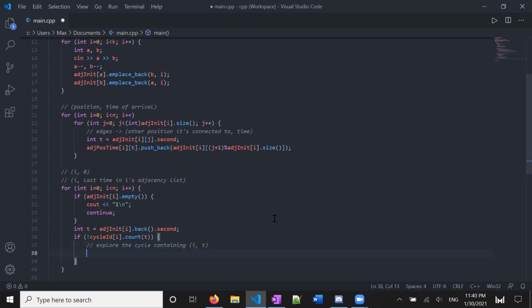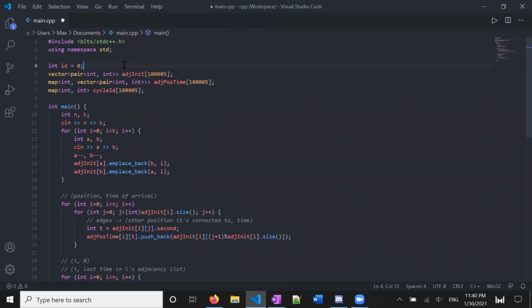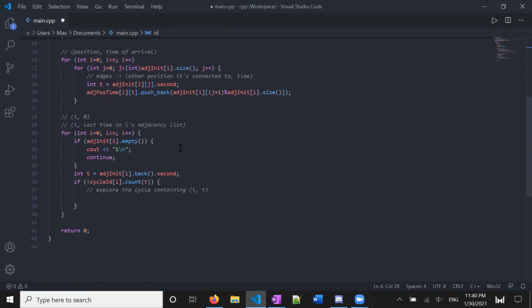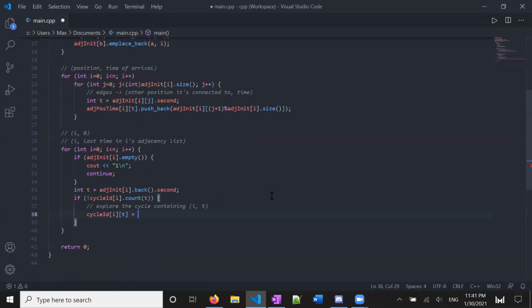So how are we going to explore the cycle? We just need to walk around and accumulate all of the values. So I'm going to store an answer array, and I'll make this size 300,000. I'm going to say the cycle ID of this is going to equal ID.